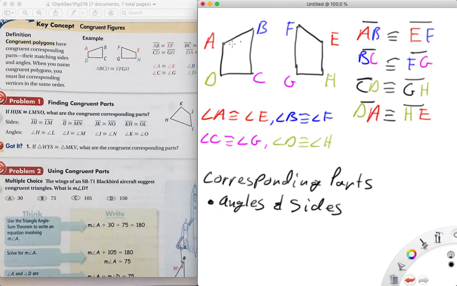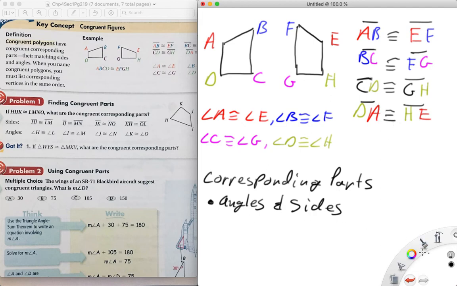So AB corresponds to EF, AD, or DA, corresponds to HE, CD corresponds to GH, and so on.